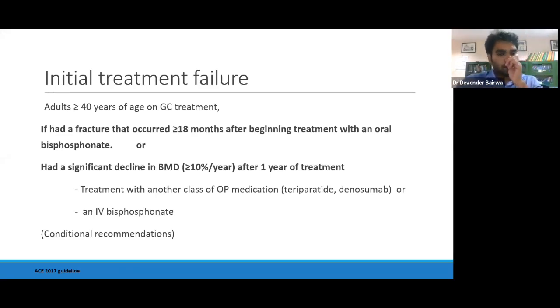This is a conditional recommendation because there is not much data about this. But if the bisphosphonate is not working, then you can either change the agent to IV or go with another class of agent.